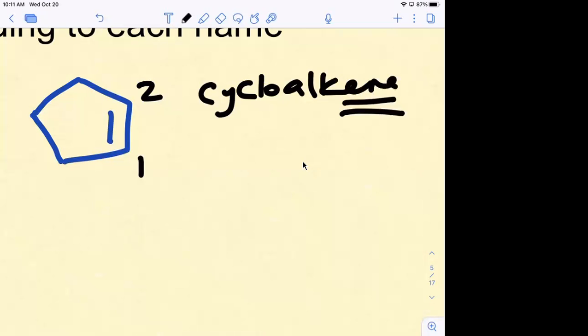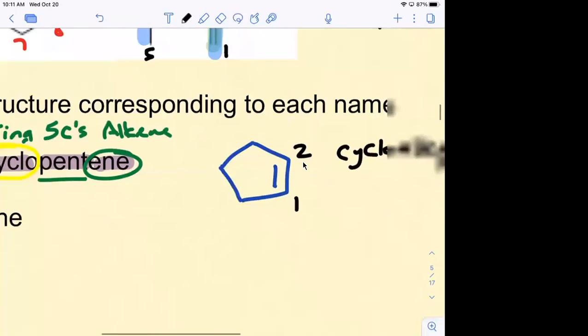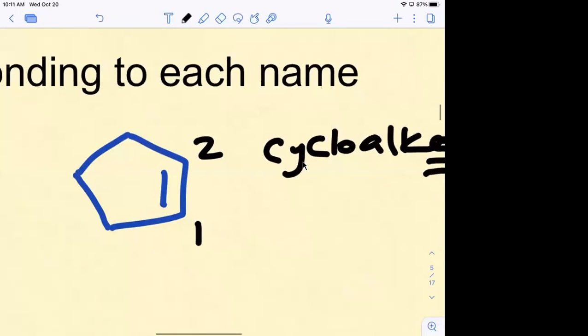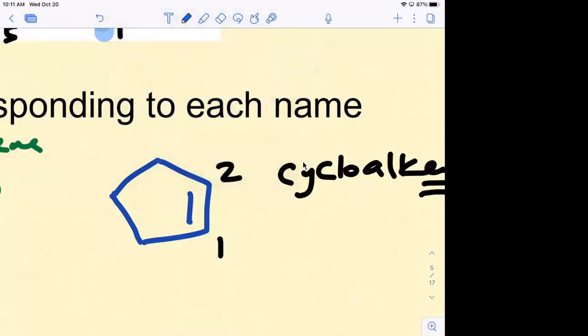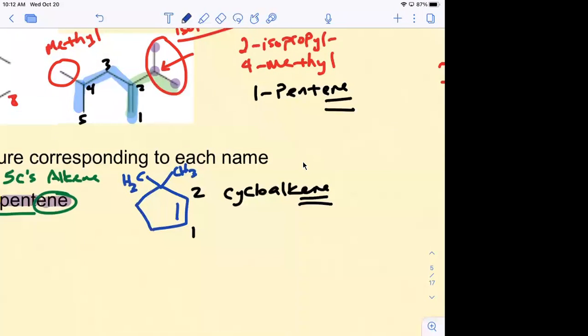Again, ene is telling me that there's a double bond present. The double bond is always 1 and 2. And then it says 3,3-dimethylcyclopentene. So that means on carbon 3, there's 2 methyl groups. That's carbon 3.